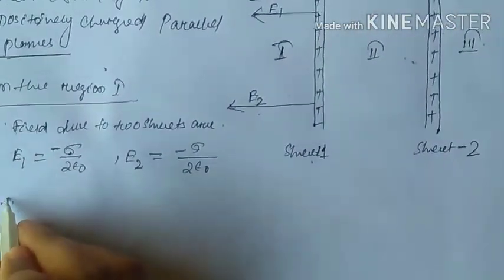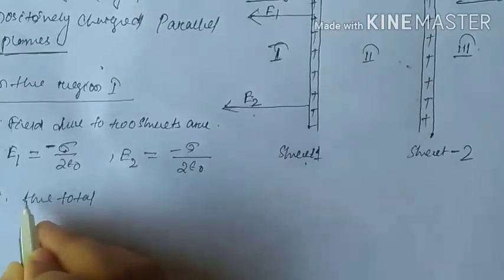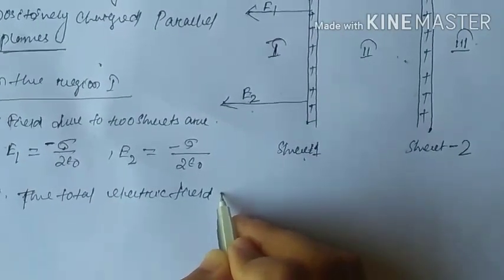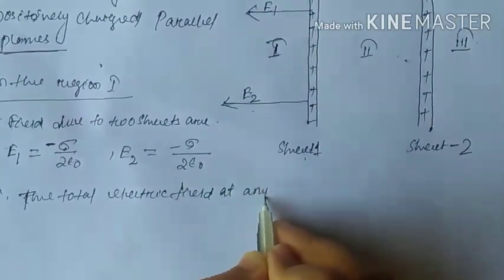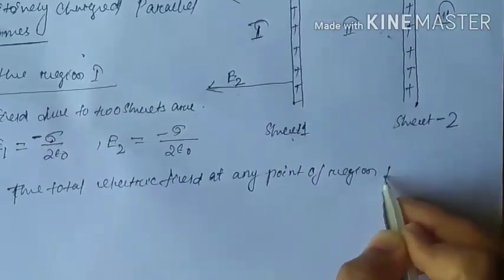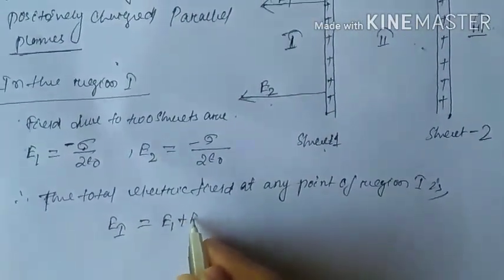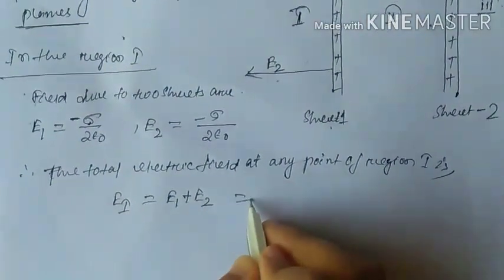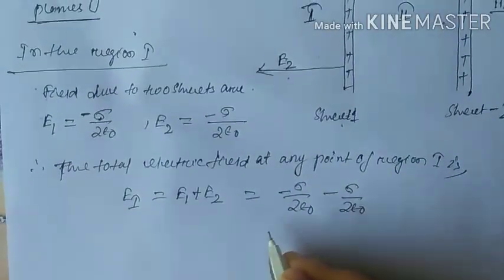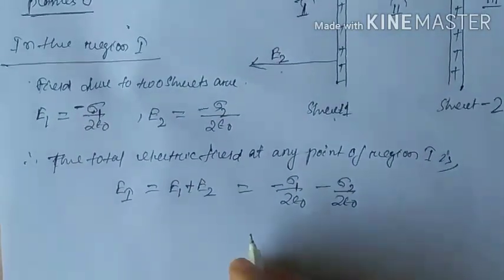So from the principle of superposition, what we can write? The total electric field at any point of region 1 is E1 is equal to E1 plus E2. That is equal to minus sigma by 2 epsilon naught minus sigma by 2 epsilon naught. Oh sorry, this is sigma 1, this is sigma 2, this is also sigma 1, this is sigma 2, right?